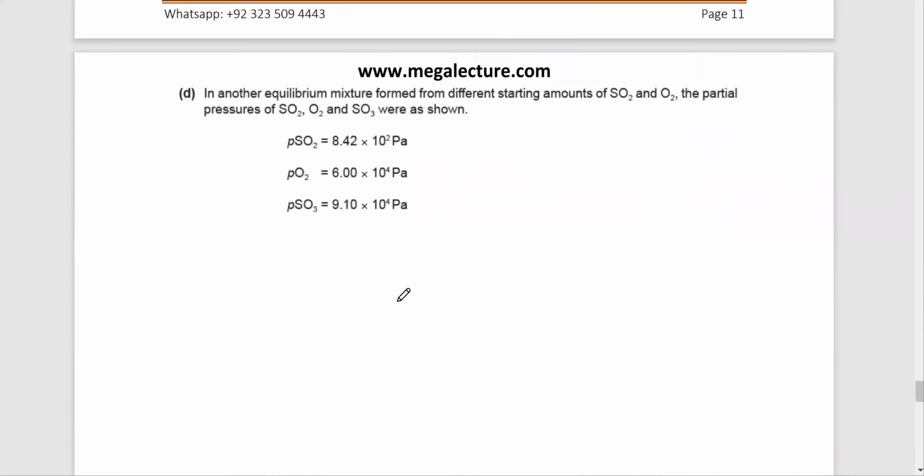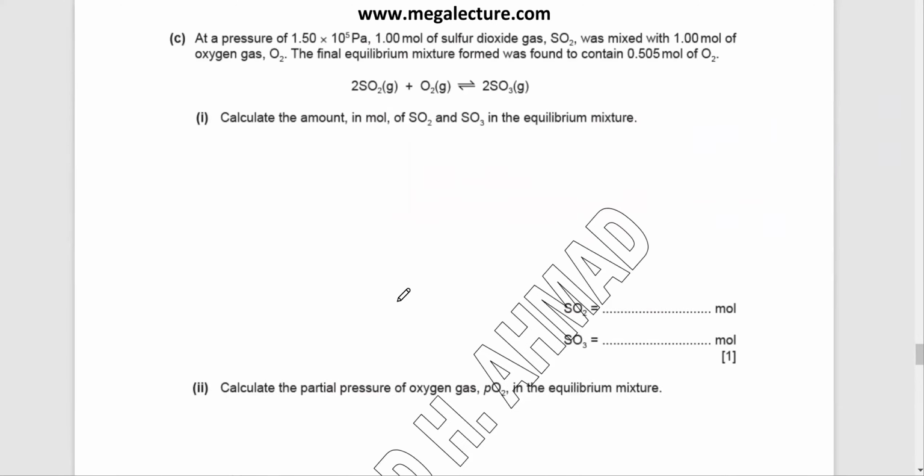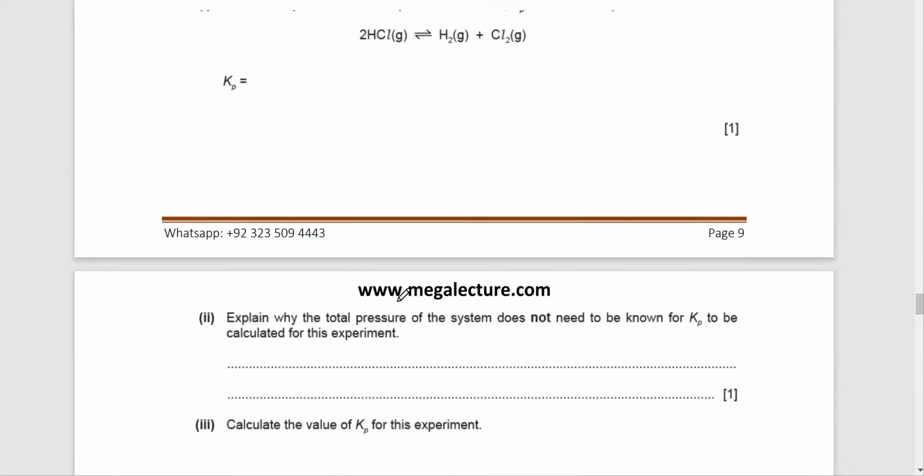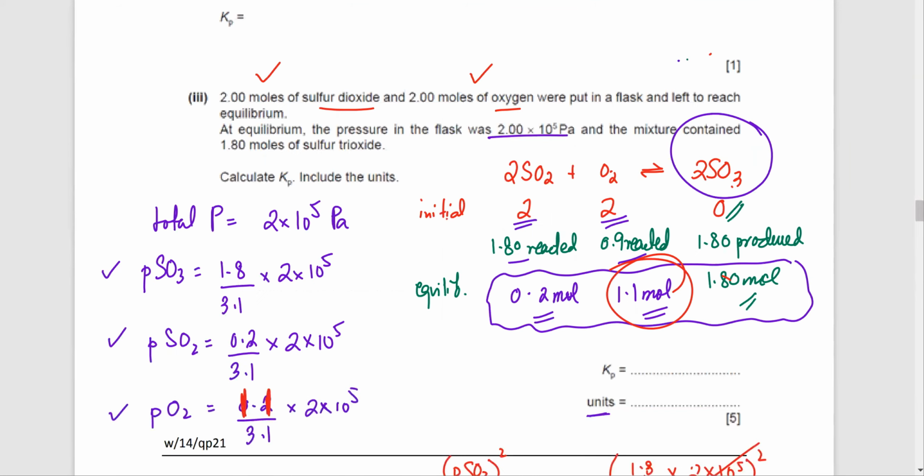Just wait 1 second. Let me try and. There was actually one question which was. It's probably not in this worksheet.